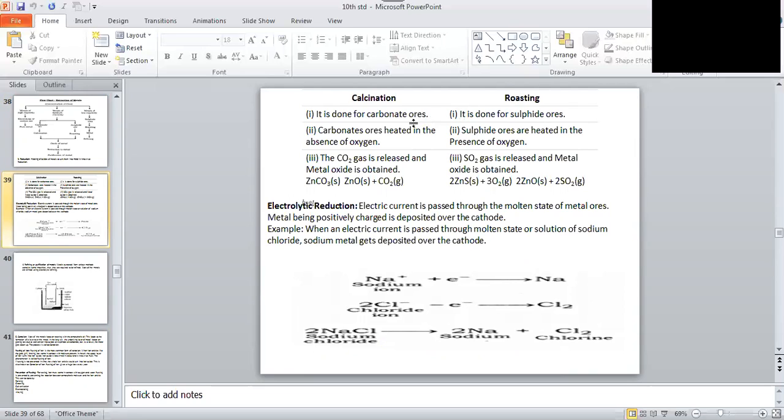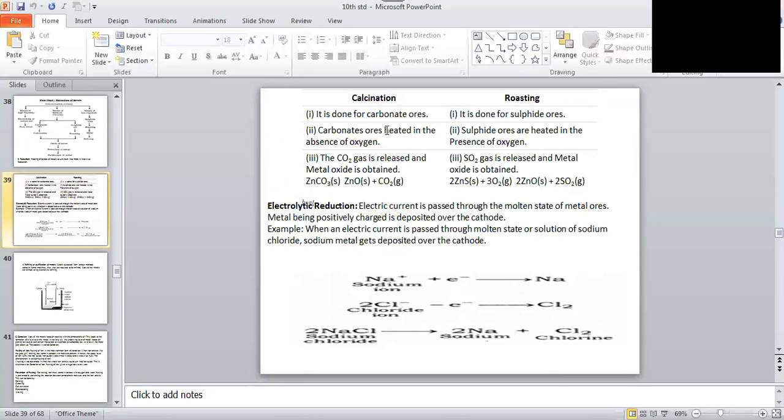That is the second step carried out in the extraction of metal. We had already studied that calcination is carried out for carbonate ore and roasting is carried out for sulfide ore. This is the main difference.